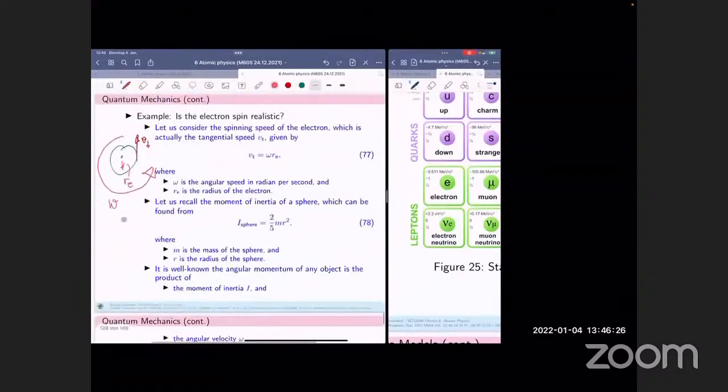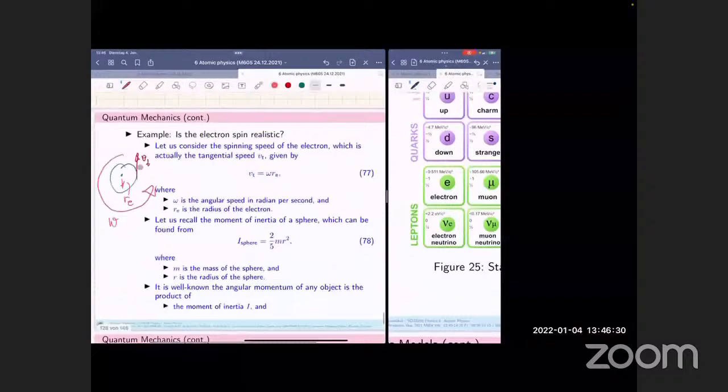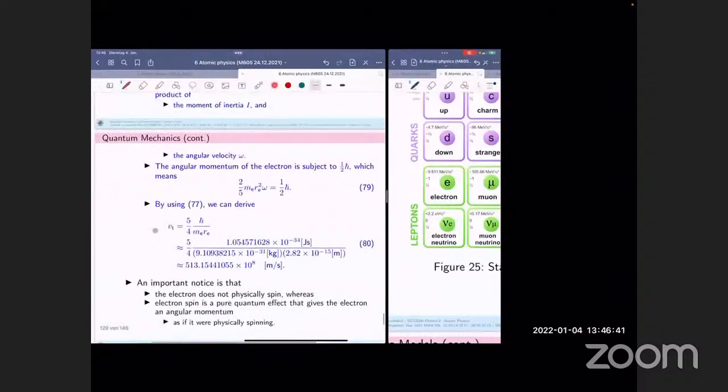The tangential speed of the electron, if you were very, very small and stood at the surface of the electron, is the speed you would feel trying to move you. It's 5/4 h-bar by me and re.